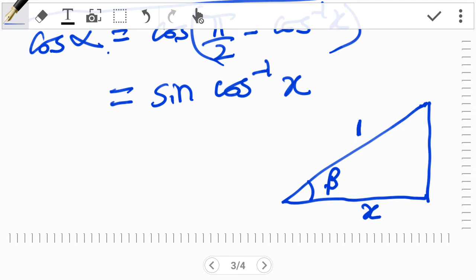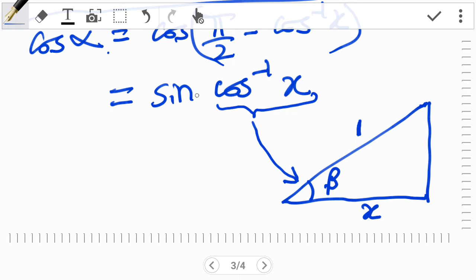So what will be the sine of beta? Since cosine inverse of x is beta, this is this angle, because cosine of beta is x by 1, and cosine of cos inverse x is also x by 1.